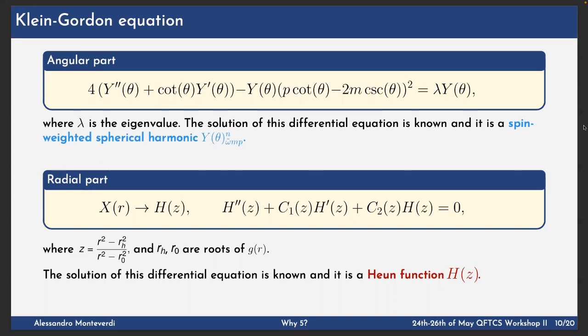We had to change coordinates a bit, but we managed, and we put this in the form of a Heun differential equation, which has a known solution, the Heun function. Here Z is defined like this, and RH and R0 are roots of G. And G is a characteristic function of the line element, the coefficient of dr squared.